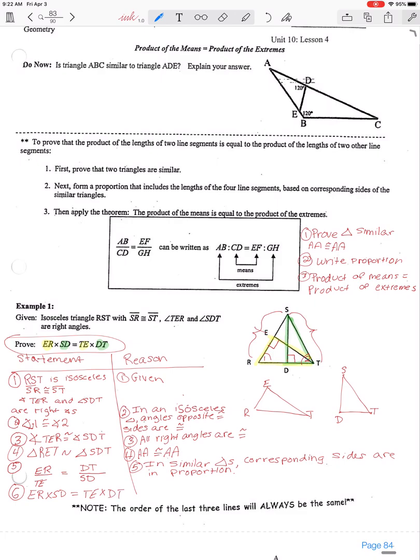And the reason, because this is number 6, is that in a proportion, the product of the means is equal to the product of the extremes. That's always going to be your reason for that.